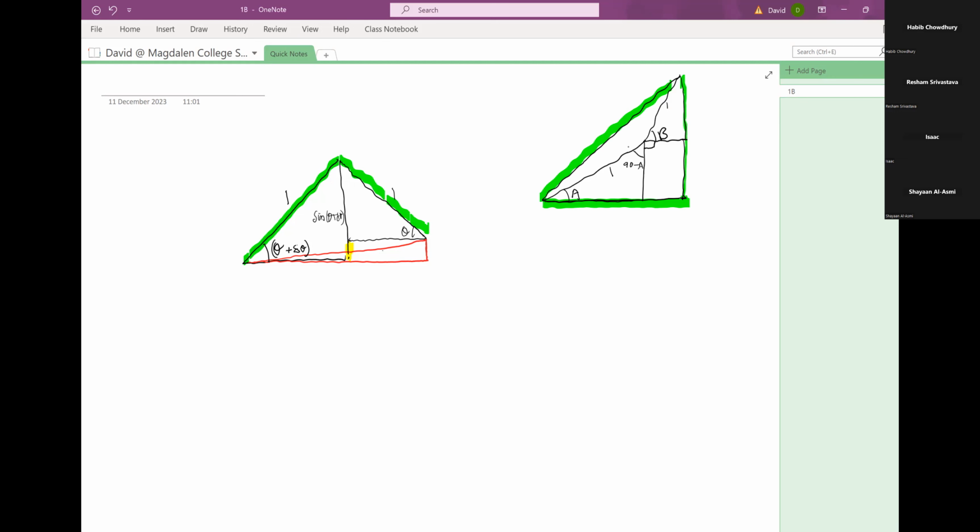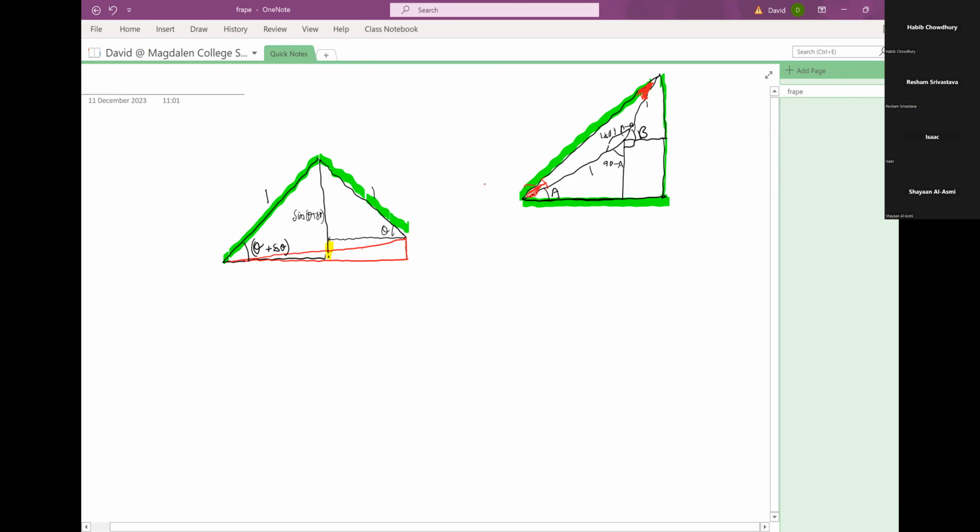This angle in here is therefore, I've got 90 minus a, so I've got 180. And so to make up a full angle of 360, I've got 180 plus a minus b. And then if I use the fact that these two angles are the same, so this angle here and this angle here are the same, then this red angle in here must be b minus a over 2.